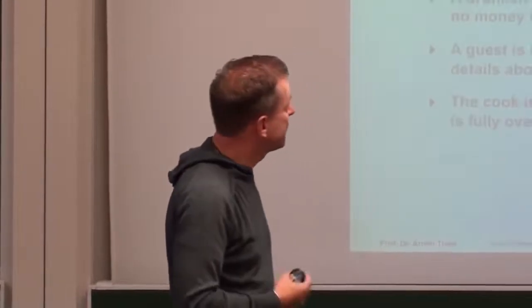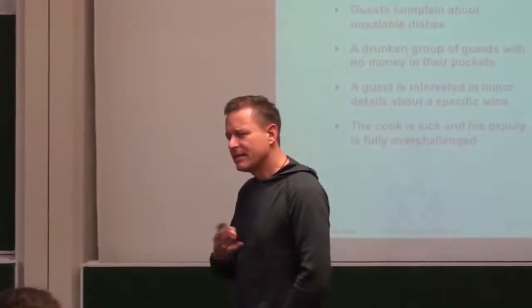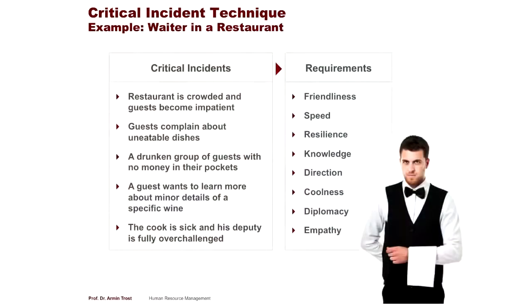But let's look at the requirements. Here I have an example of a waiter. We could take any other example. I took here a waiter. Here the task is to understand what are the critical competencies somebody must demonstrate to be successful as a waiter. We all have ideas.